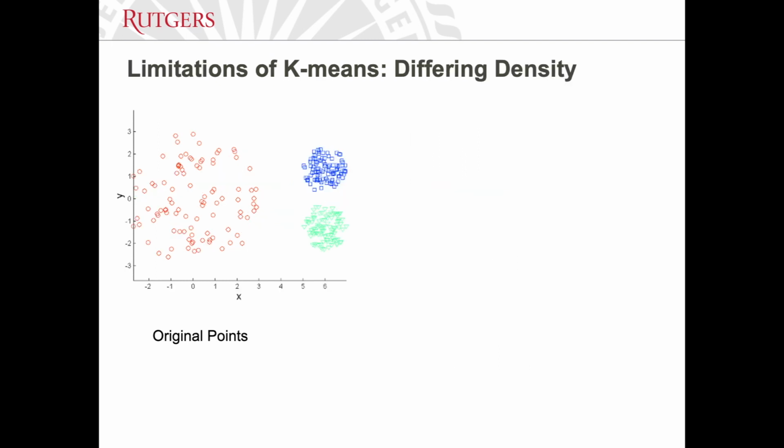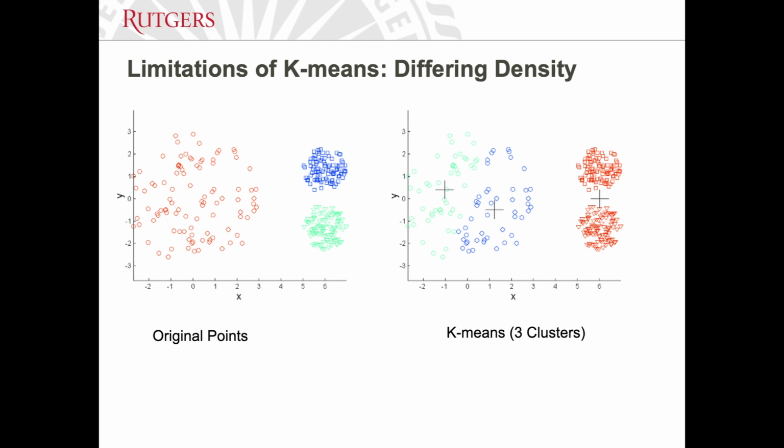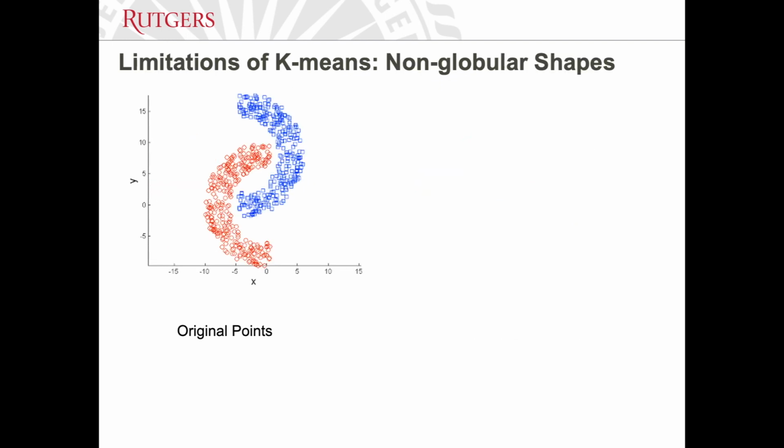Another limitation of k-means is difference in density. K-means fails to find three natural clusters in this picture because the two smaller clusters are much denser than the larger one. The potential solution is to assign many clusters in this case. In addition, k-means cannot handle non-globular shapes.